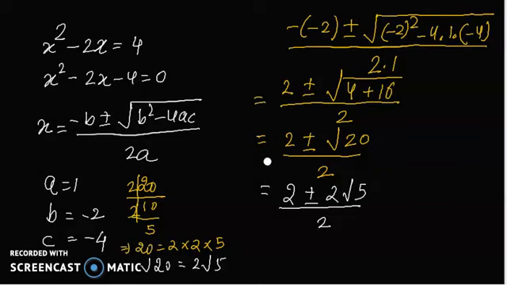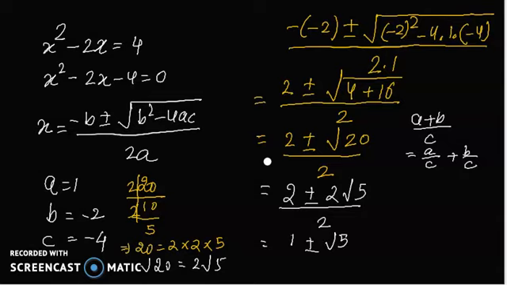Now students, you know that a plus b by c equal to a by c plus b by c. So we can write it as 2 by 2, that is 1, and plus minus 2 root 5 by 2, that is root 5.